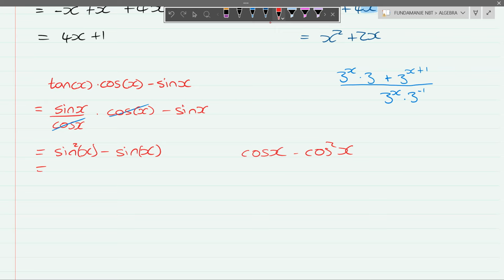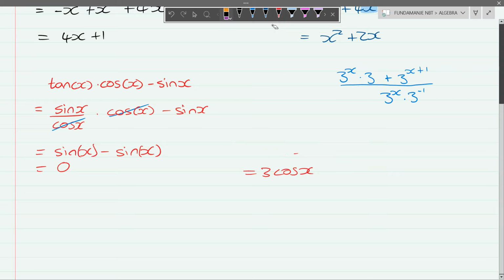This is in its most simplified form. But if we were to have 4 cos x minus cos x, then we could combine this to become 4 cos x minus 1 cos x, giving us 3 cos x. And in this case, we actually have sine x minus sine x, which gives us 0. This is the expression in its most simplified manner.